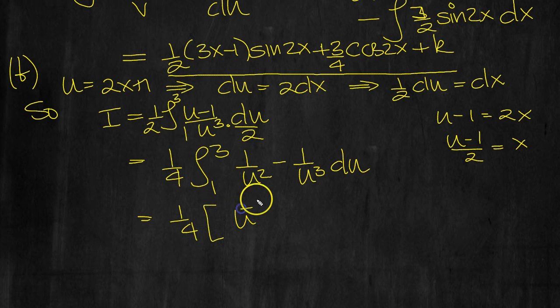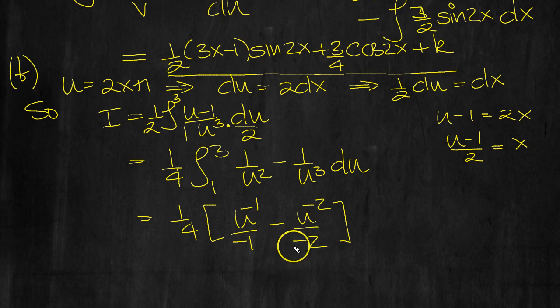So raise the power by 1, divide by that number. This is u to the minus 3, so raise the power by 1, divide by that number. We've got minus 1 lot of, haven't we? Okay, so that's what we get. This will make that a plus, so I'm just going to run a plus through that. And this will be a minus between 1 and 3.